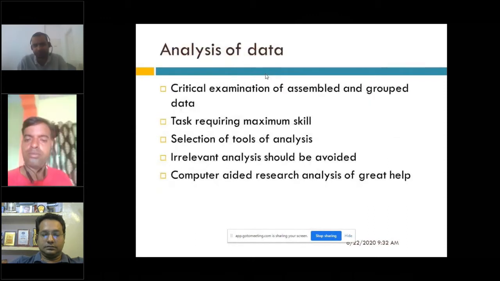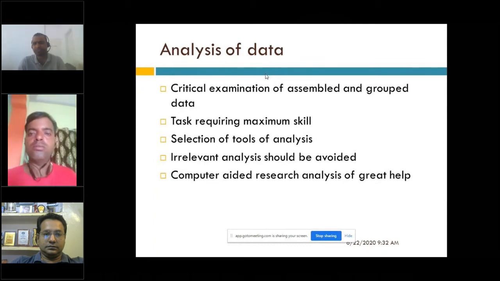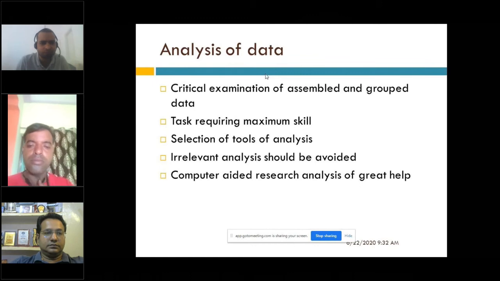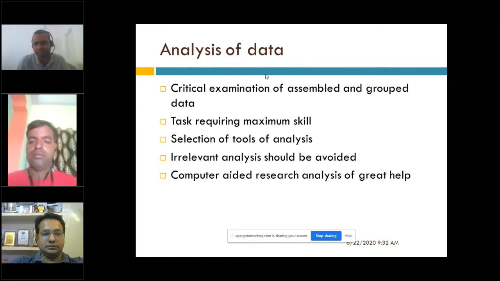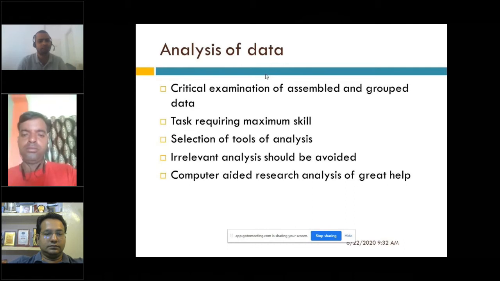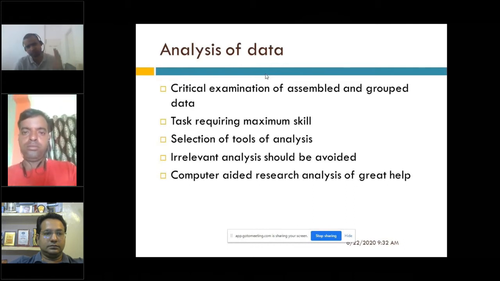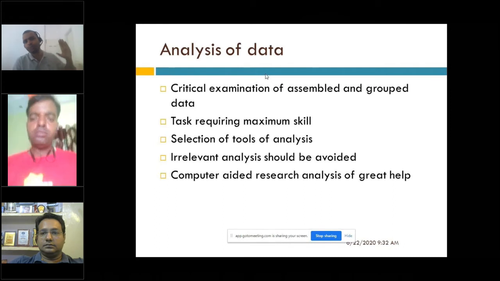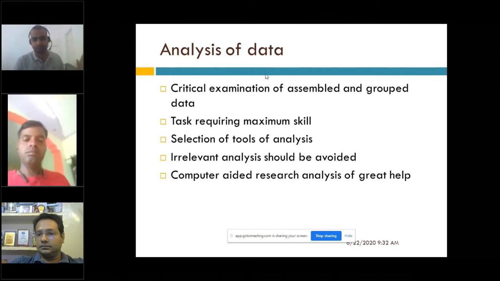Now, analysis of data. Critical examination of assembled and grouped data. See, data analysis is a very important part, and analysis must be limited to the objectives we already defined. Many times we have a lot of data.